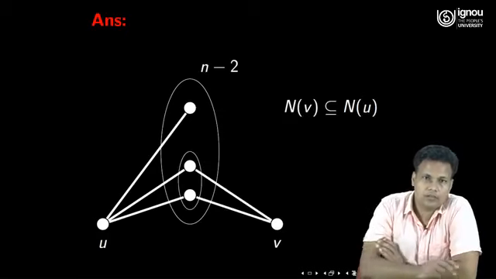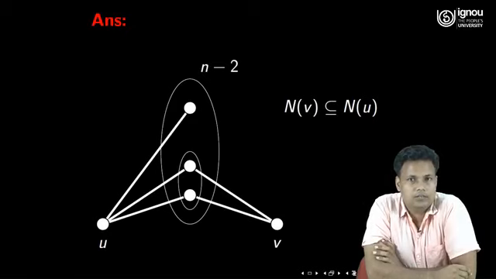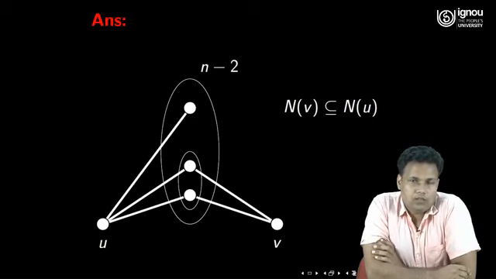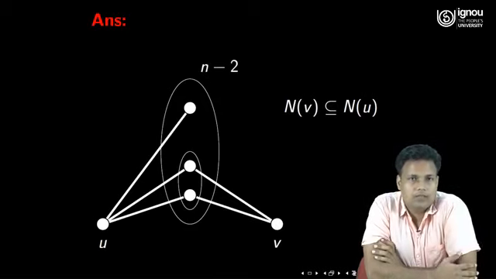So the neighborhood of v is a subset of the neighborhood of u, that is N(v) is a subset of N(u), right? Now if N(v) equals N(u), there is no problem, and the result follows easily.